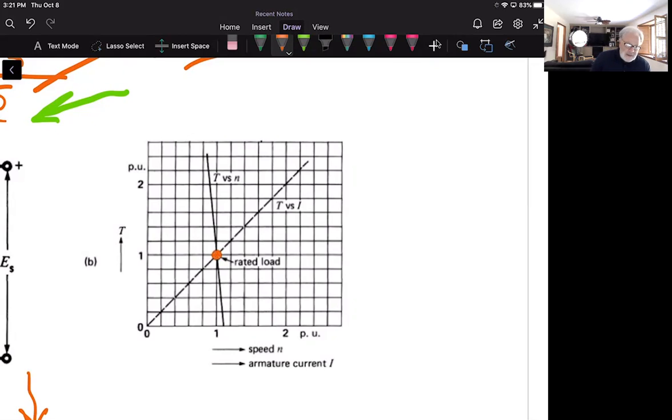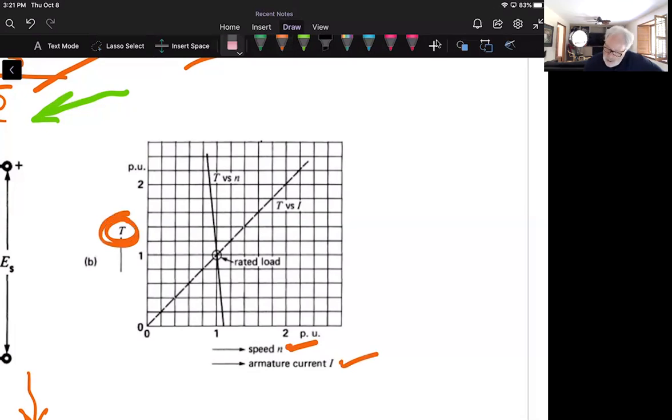We can see those 1 per units here, and we'll talk about what all that means in a second. But these curves are twofold. One is a curve that gives us the speed versus the torque, and the other gives us current versus torque.